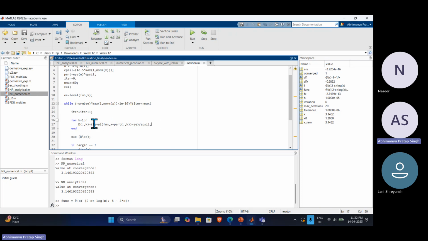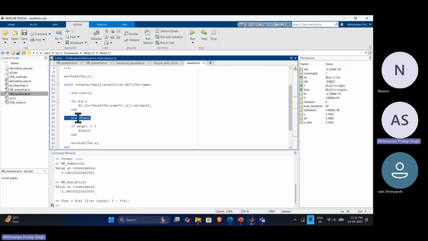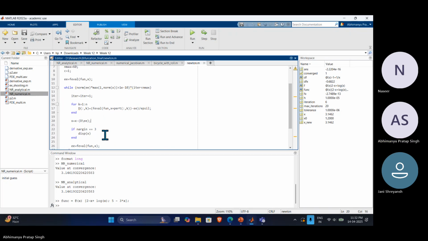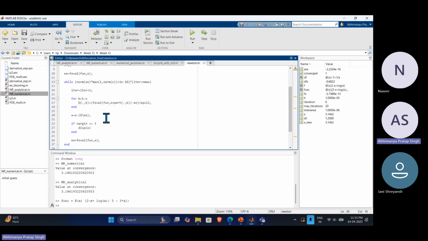So I do this for all the rows of the function Jacobian, and then this is my Newton-Raphson update rule. Okay, D inverse multiplied by function, in this case E. Rest of the things are the same.